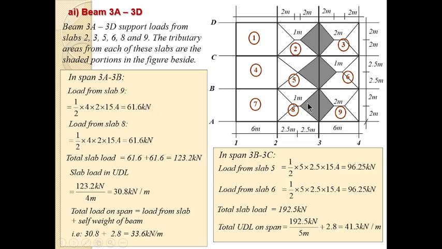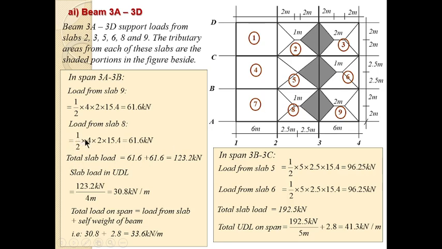So we go to the other slab, which is slab 8, and we do the same calculation with its tributary area. It's a triangle and the area is what? Half base times height. The base is still 4 and the height here is still 2 meter.